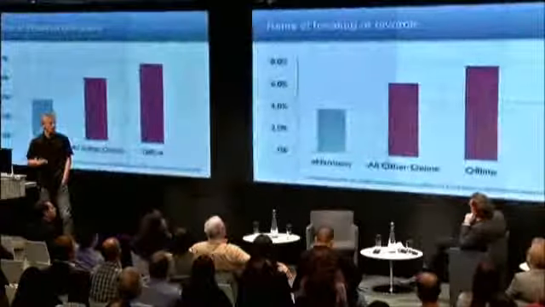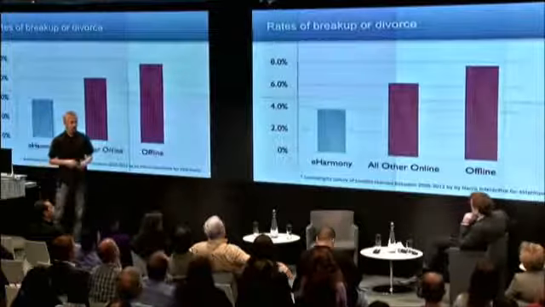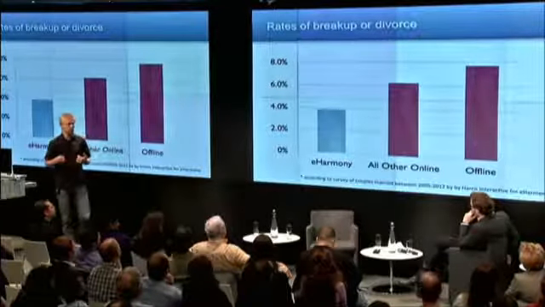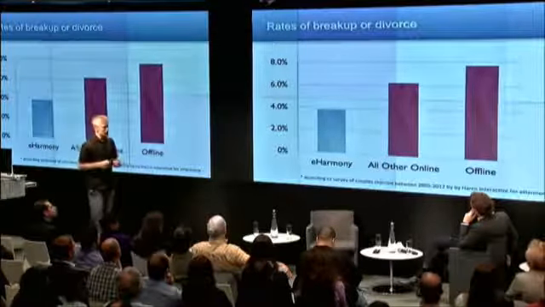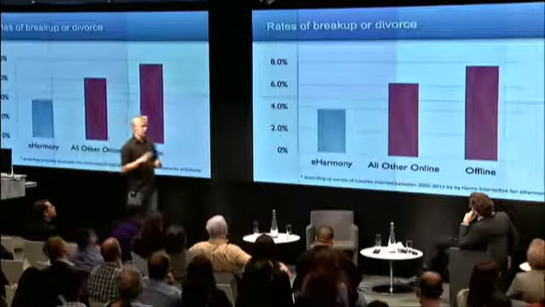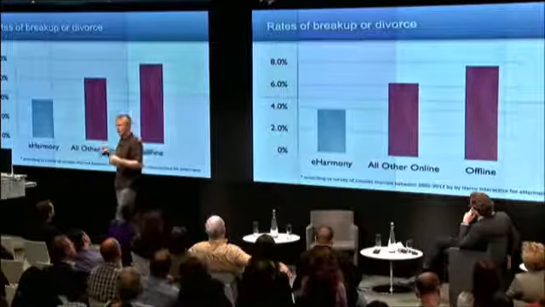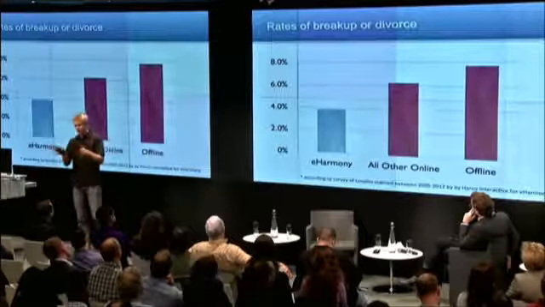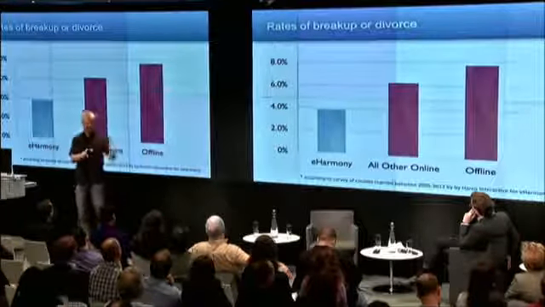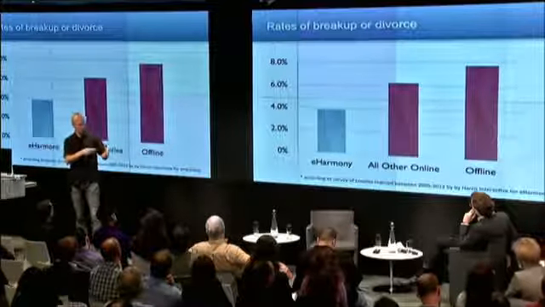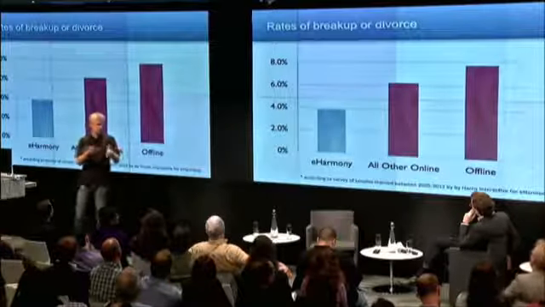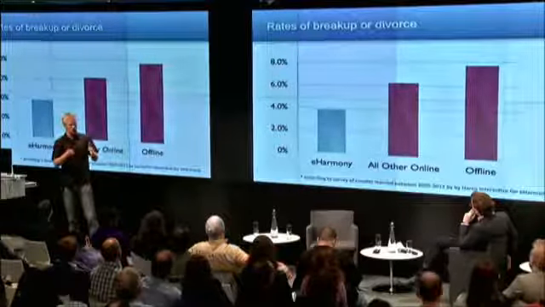Finally, we are also looking at the breakup and divorce rates. This was a study of people who got married between 2005 and 2012, so it is a relatively short period of time, and also relatively recent. That's 7 years, but on average these people were married for about 3 to 4 years.